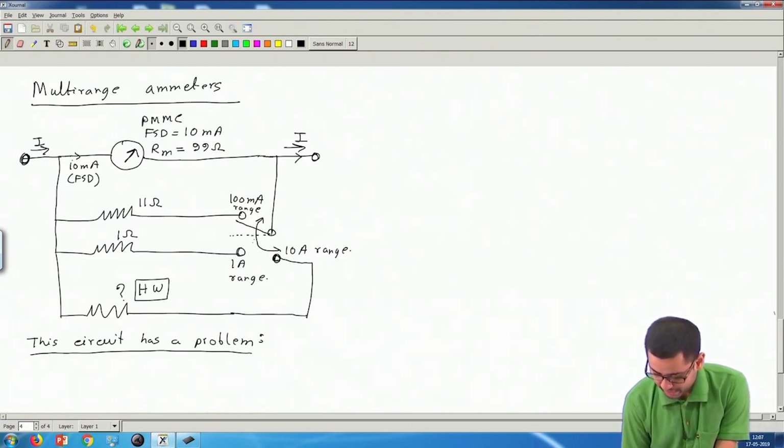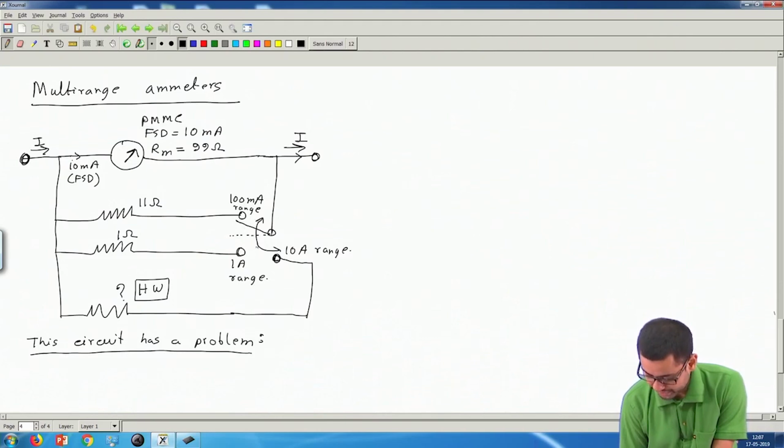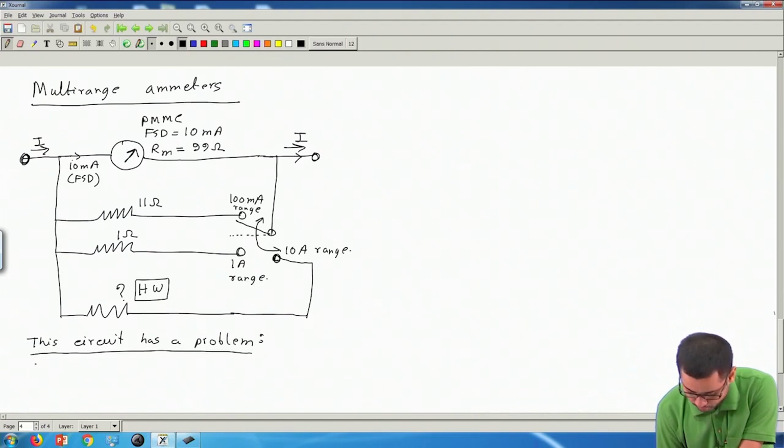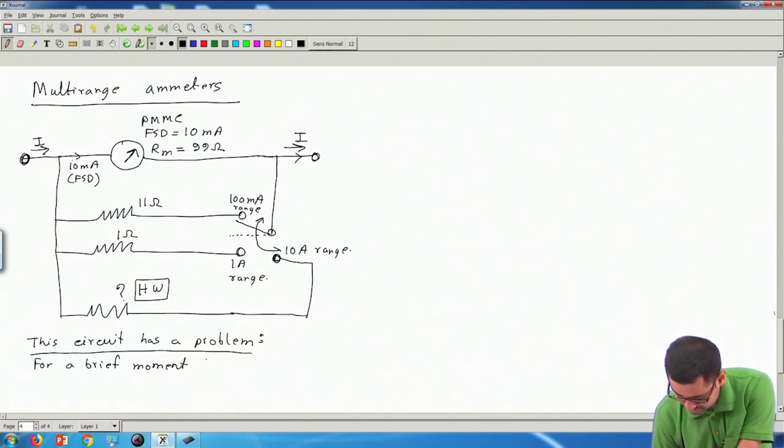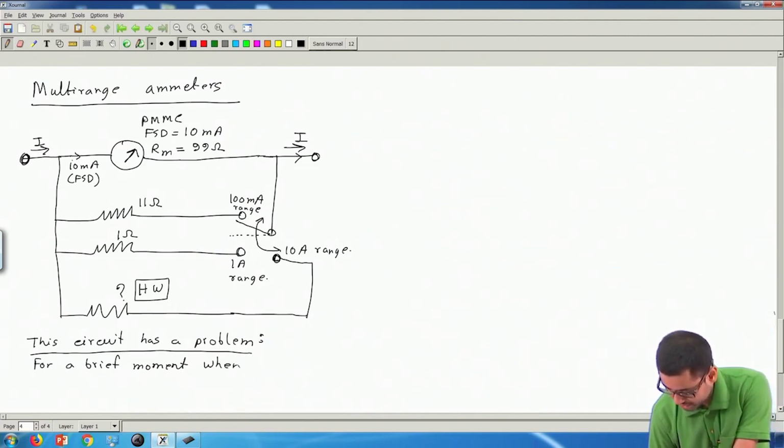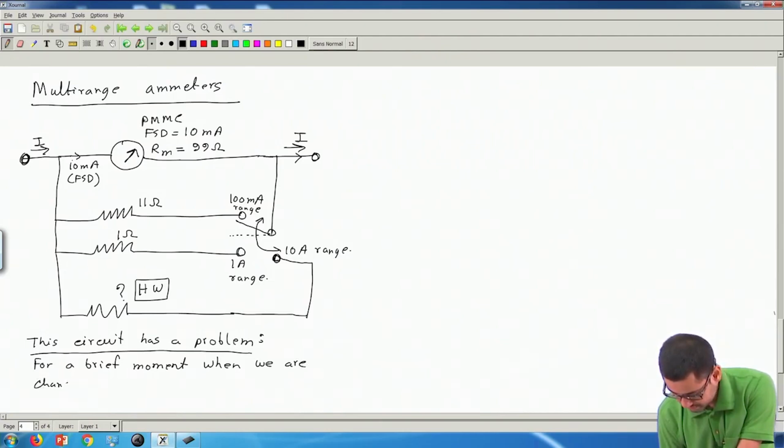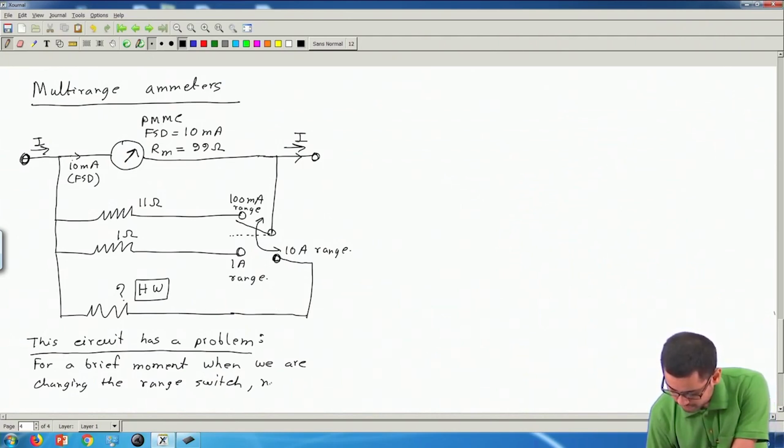So there is no parallel path for a brief moment when I am changing the switch position. So for a brief moment, when we are changing the range switch, no parallel path exists.